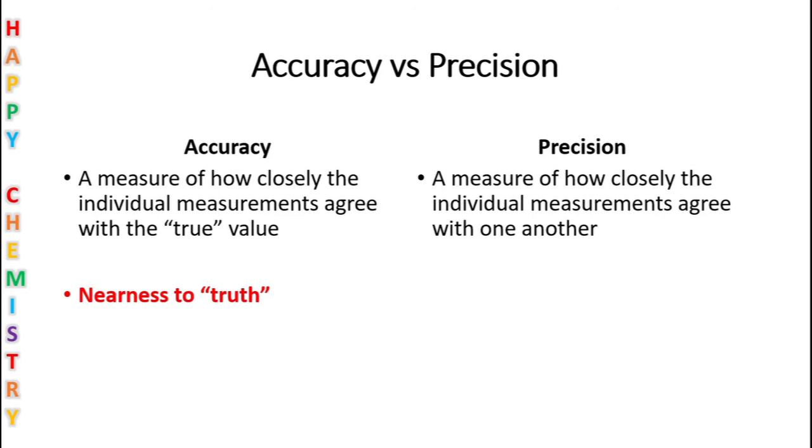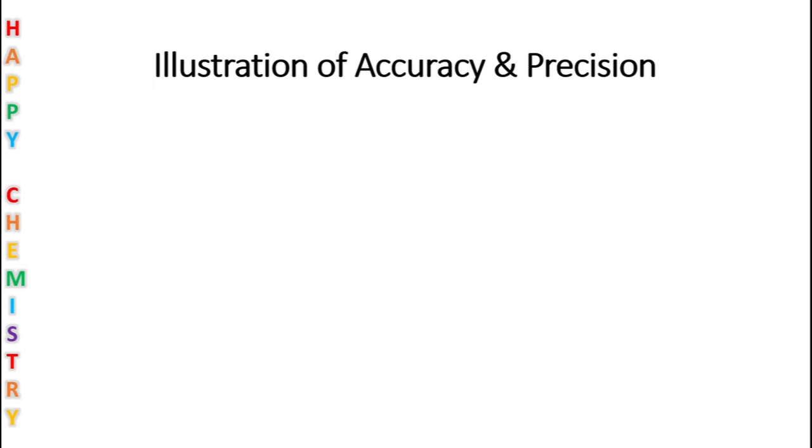Precision. Precision is a measure that indicates how closely the individual measurements agree with one another. That means reproducibility. The most common way to illustrate the concept is the dots in a dartboard, where center is the target.